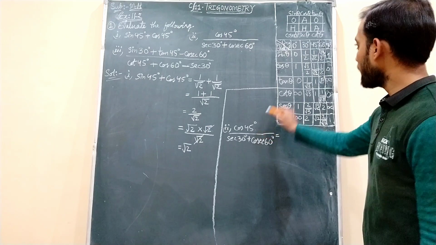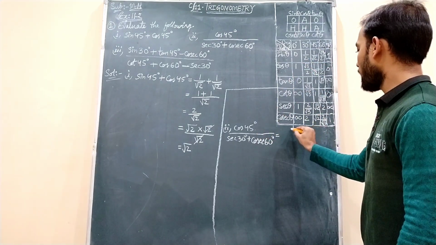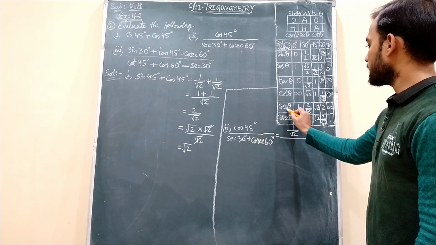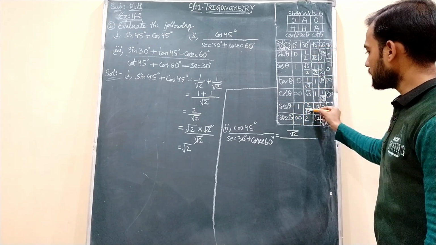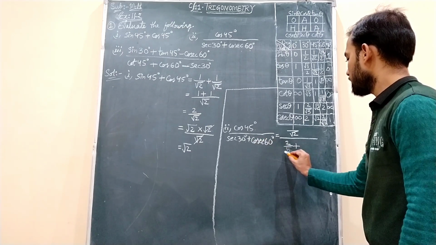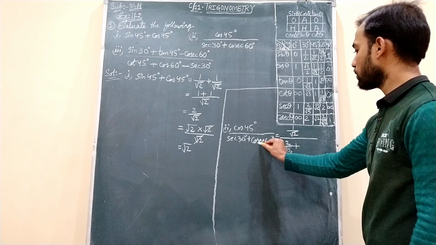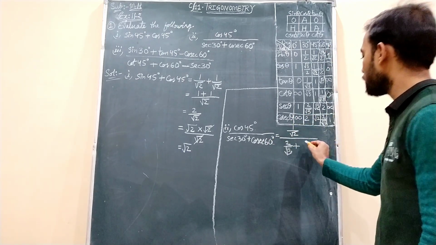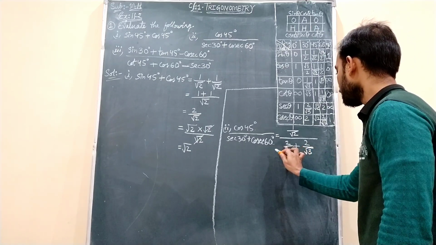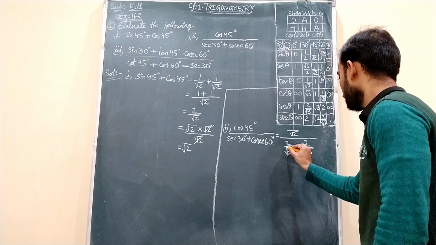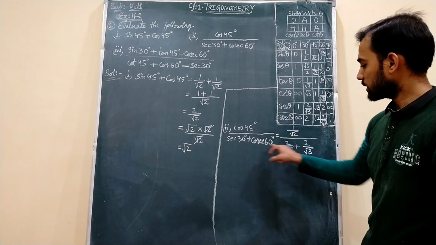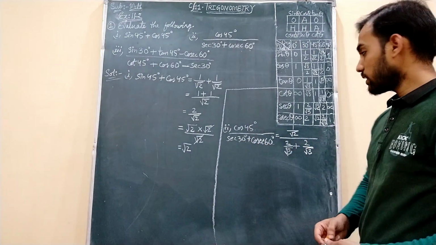Cos 45 degree is 1 by root 2, whole divided by secant 30 degree, which is 2 by root 3, plus cosecant 60 degree, which is also 2 by root 3 only.